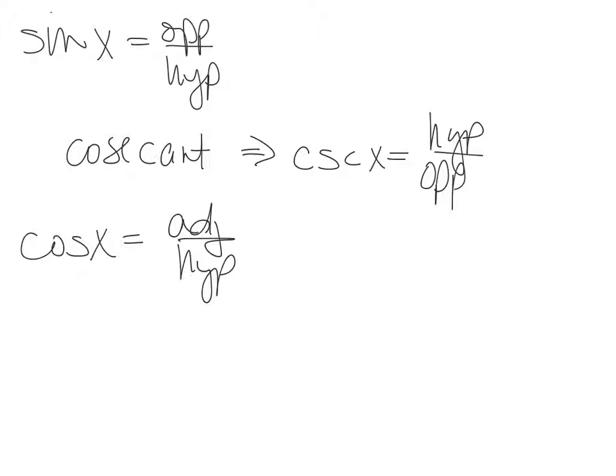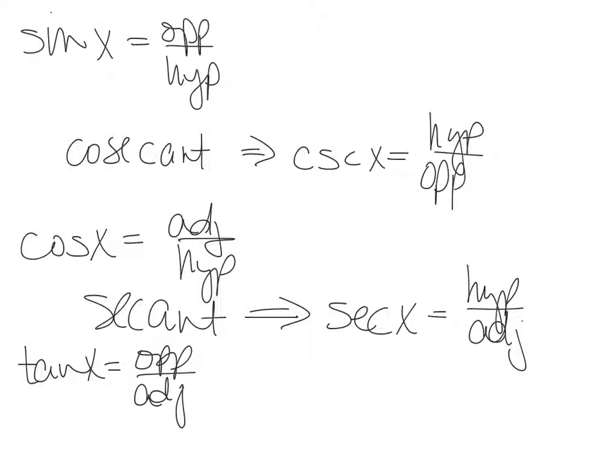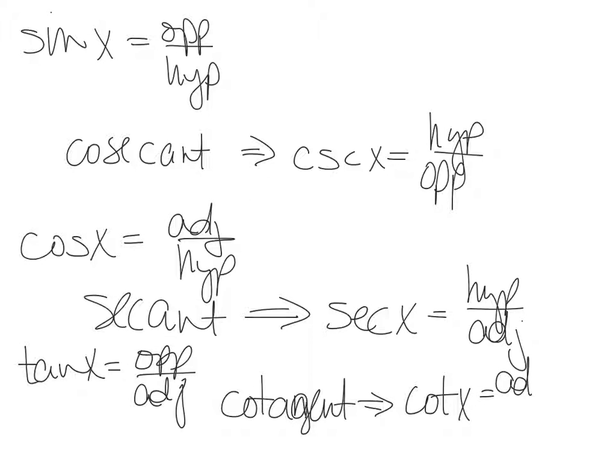We have an inverse of that too called secant. The abbreviation is SEC, and it is the inverse. Then of course, opposite over adjacent. The inverse of that is called cotangent, which is abbreviated cot, and it's just the flip. Okay, so you might want to sketch that down.